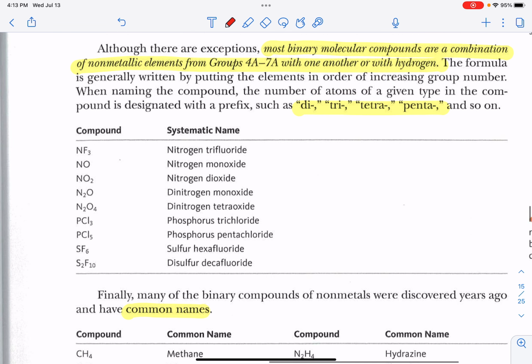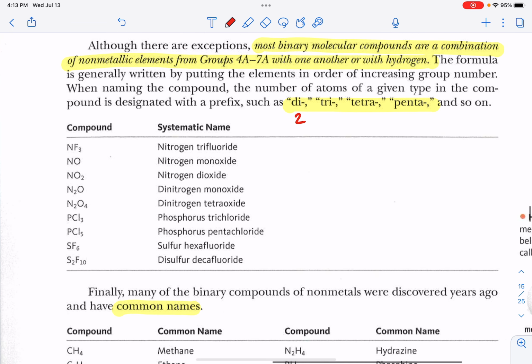And when we use these prefixes like di, tri, tetra, penta, hexa, hepta, octa, nona, deca, that tells us how many atoms of each type are in the formula.